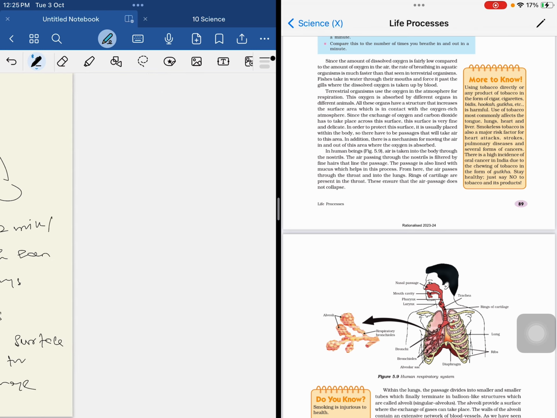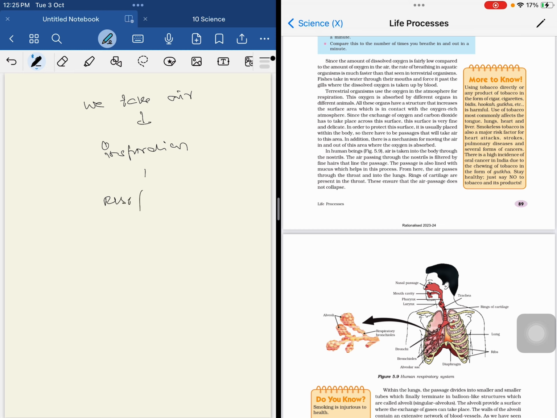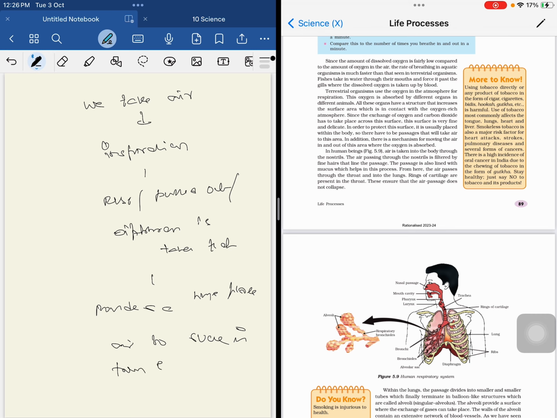And whenever we take in air, it means during inspiration, our ribs are pulled out and the diaphragm is taken flat. This provides a huge place for air to be sucked in from the environment.